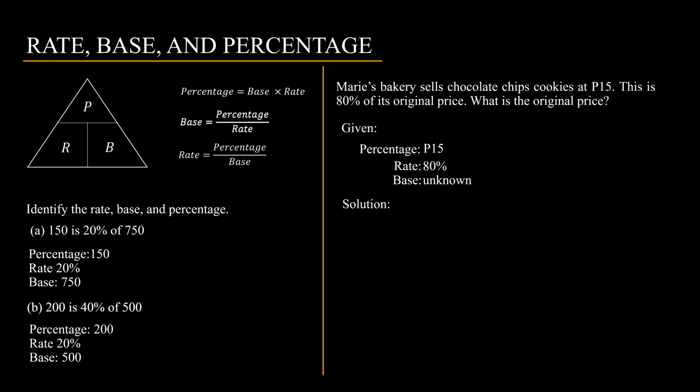So, solution. What is the formula na gagamitin natin? We will be using the same formula. Base is equal to percentage over rate. Substituting the given, we have 15 pesos over 80%.